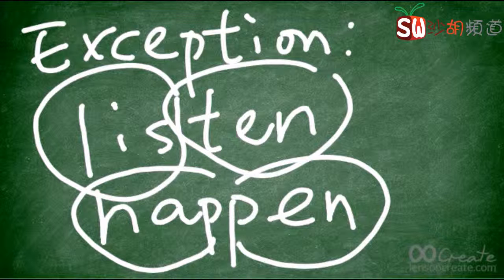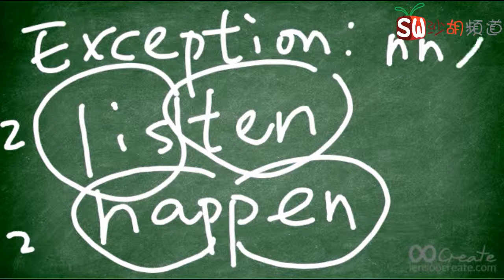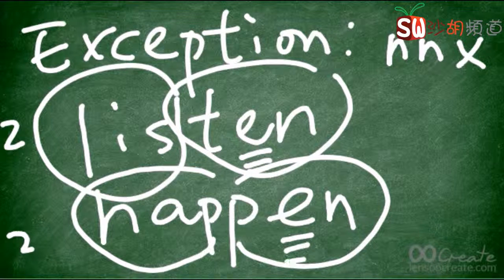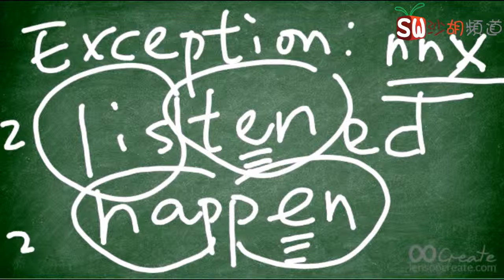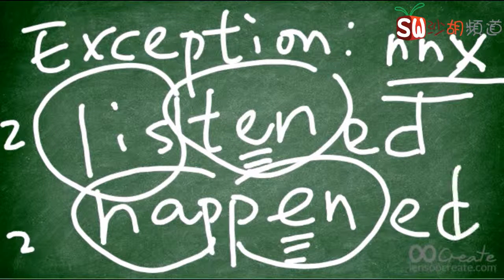When you hear 2 sounds, do we need to have a double n? No. Even if you see A, E, I, O, U, the vowel, no double n. You just add e-d.